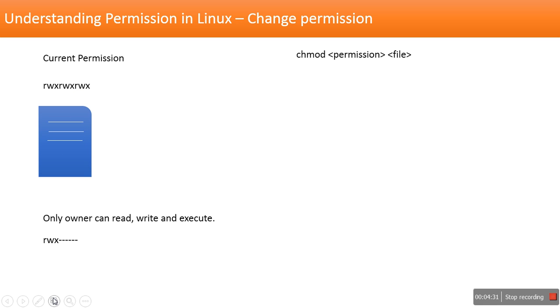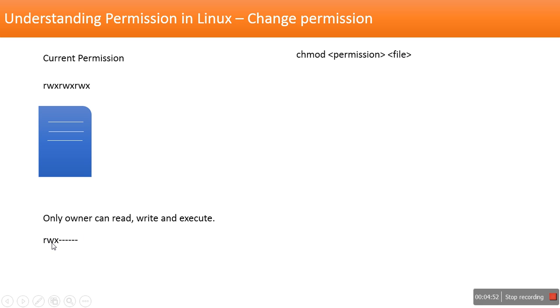The first method I'm going to show you uses this command to change permission for a file: chmod, permission, and file. Here we will use numeric notation.